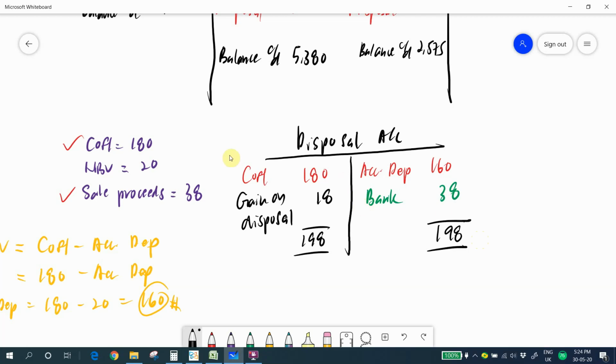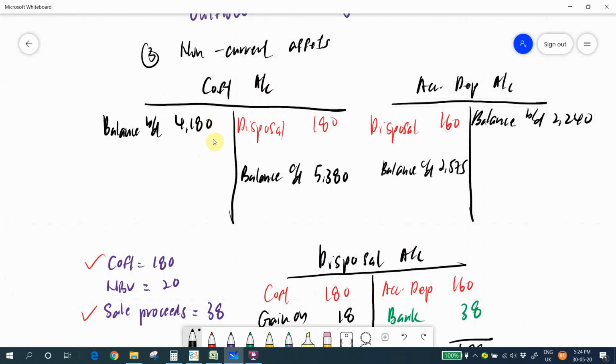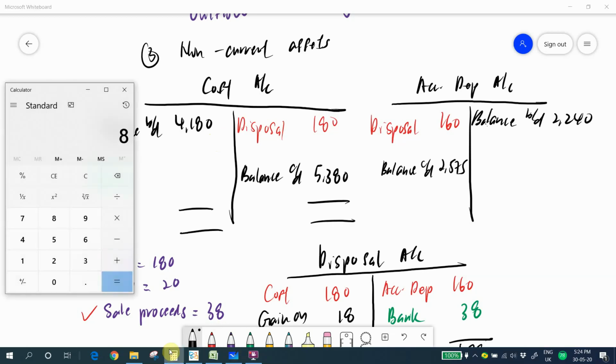Next, we are going to complete our cost account. We know what information will appear in our cost account. We will record the selling, and similarly, we will record how much we purchased during the year. So your credit is how much? 5380 plus 180, you get 5560.